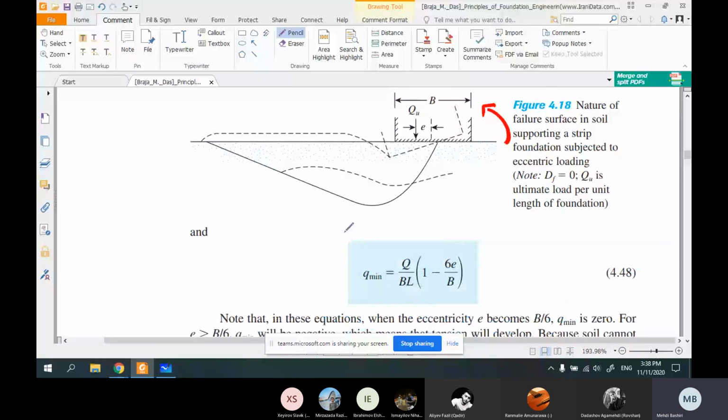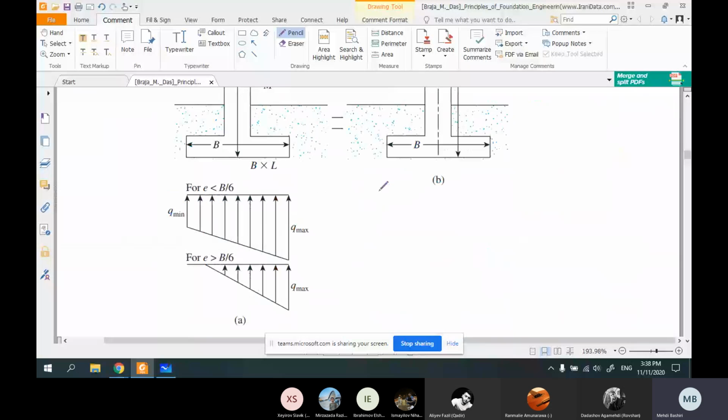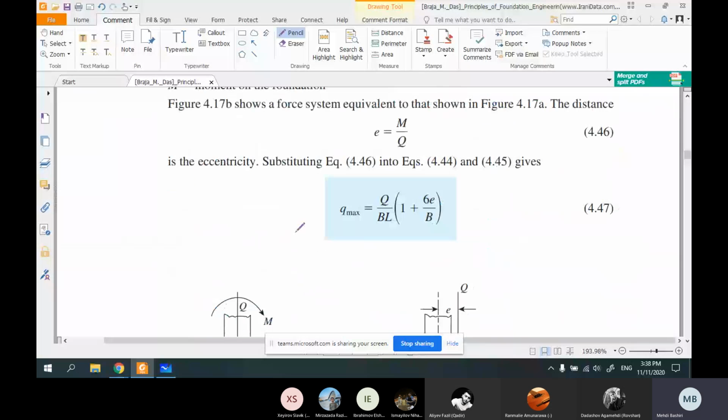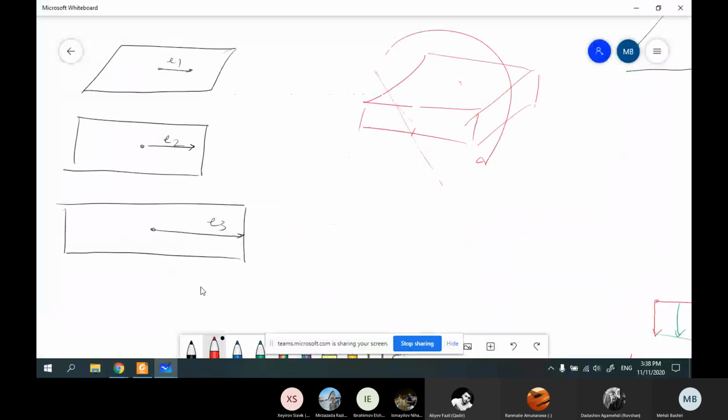So, for example, what is the safe value, or what is the maximum allowable value for e?